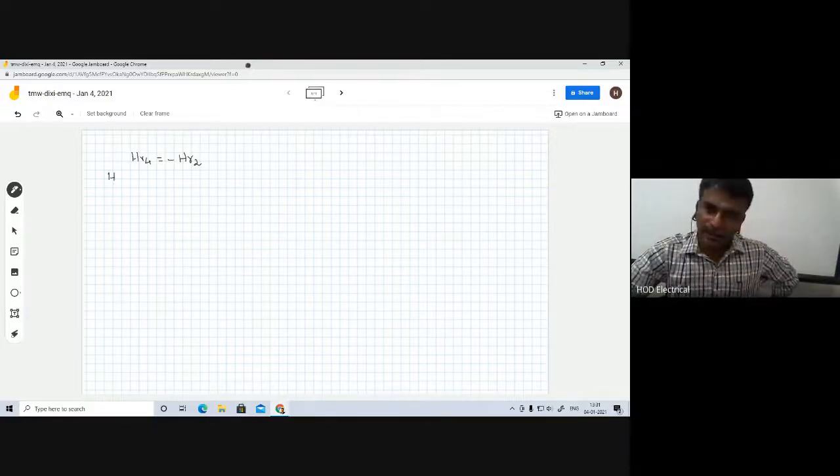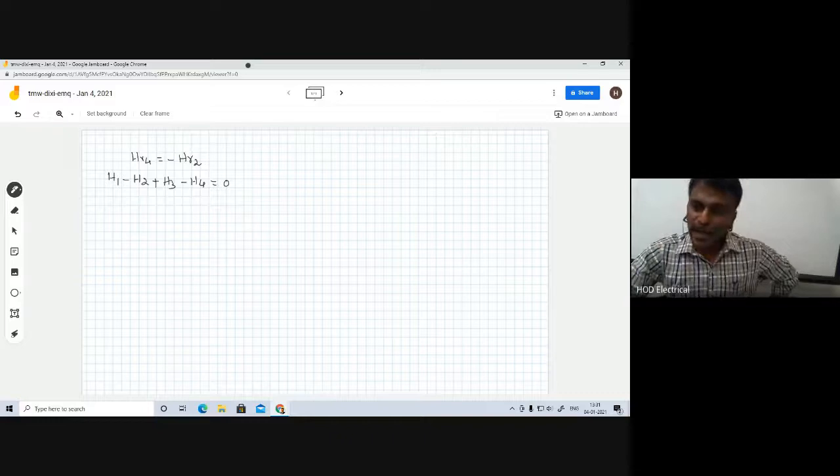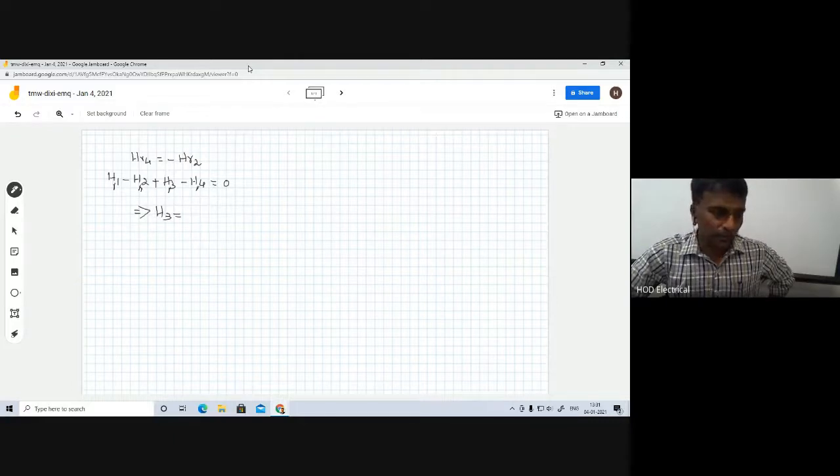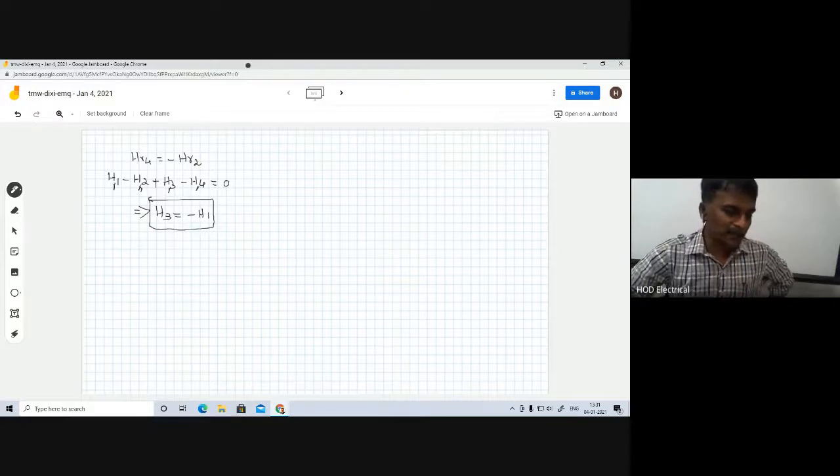Already we have written the equation H1 minus H2 plus H3 minus H4 equal to 0. If you substitute the value HR4 equal to minus HR2 here, we will end up with H3 equal to minus H1.